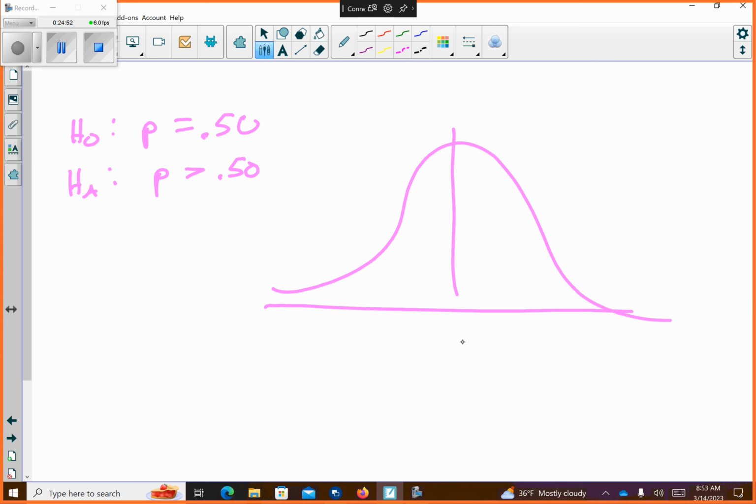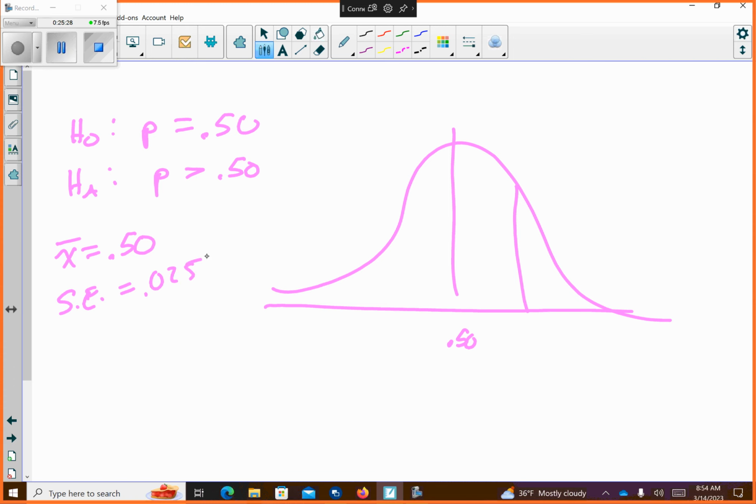All right, so we say this is 0.5, and I've got to use the calculator. They tell us we have a mean of this and a standard error, which is the same thing as standard deviation, of 0.025.